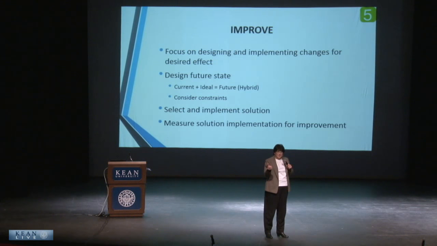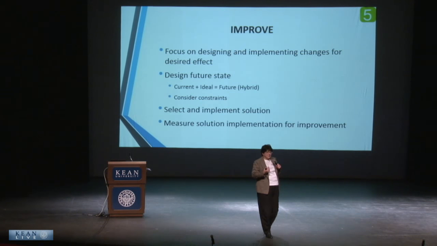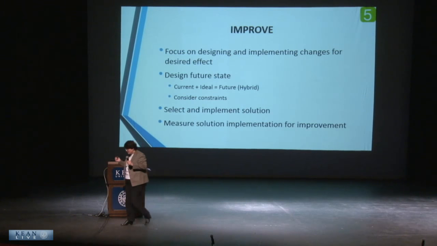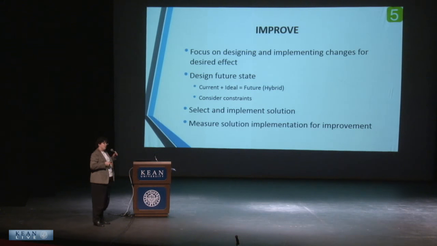Money, maybe to buy a system, time, people resources. So these are all constraints you have to think about when you're building out your ideal map. You'll ultimately select a solution. And when you select the solution, then you need to be able to create a measurement. How are you going to know the solution was working?